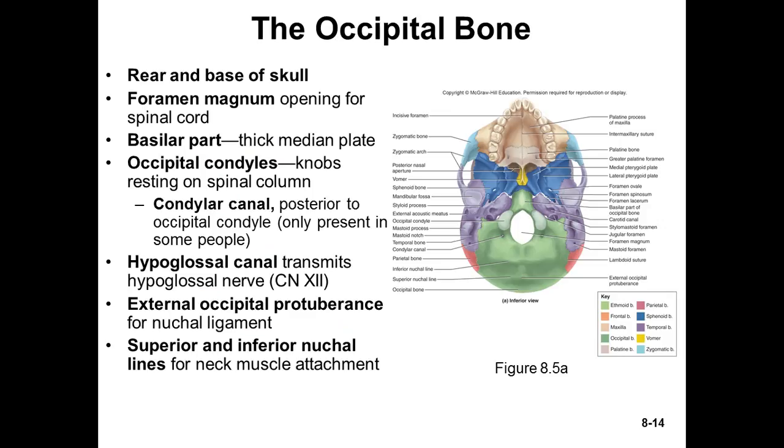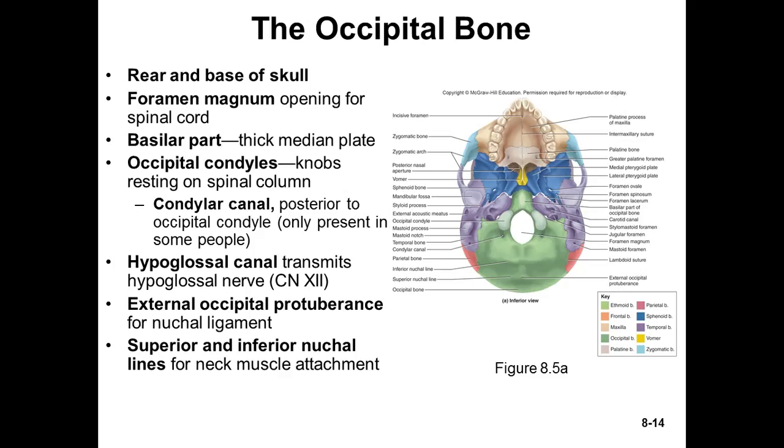The occipital bone, let's see what you need to know from there. There you have your hypoglossal nerve, which is cranial nerve 12. That's the nerve that goes to your tongue. It innervates your tongue to allow it to move.